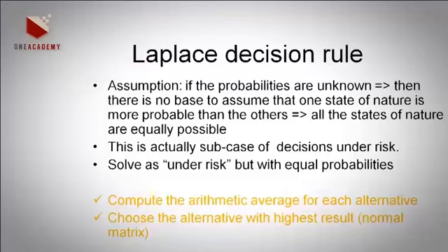Marquis de Laplace was an adventurer, a gambler, and a mathematician. Consequently, he had a very pragmatic way of thinking about the world, and he said, since we don't know any of the probabilities, since we are under risk and uncertainty, we don't have probabilities for the states of nature, then there is no basis to assume that one state of nature is more probable than the other.